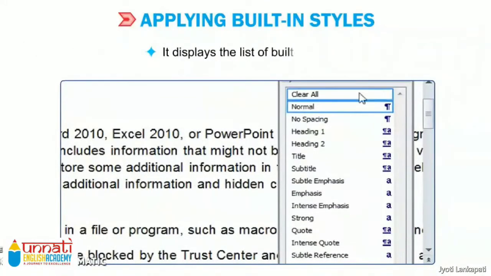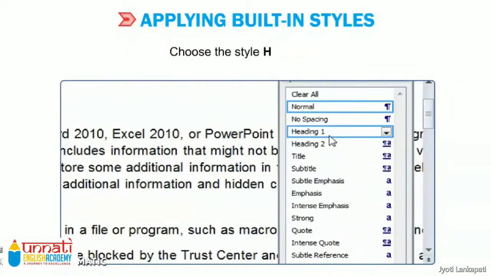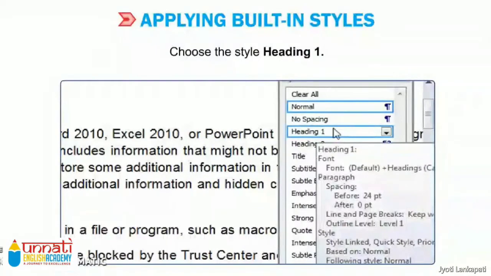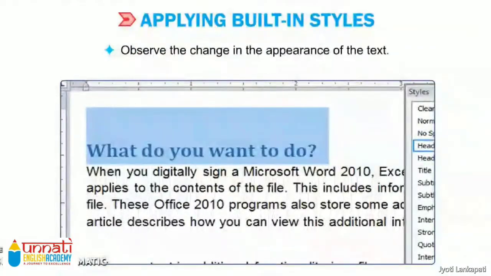It displays the list of built-in styles. Choose the style Heading 1. As we have selected a heading, we will apply style Heading 1. Observe the change in the appearance of the text. So this is all about built-in styles.